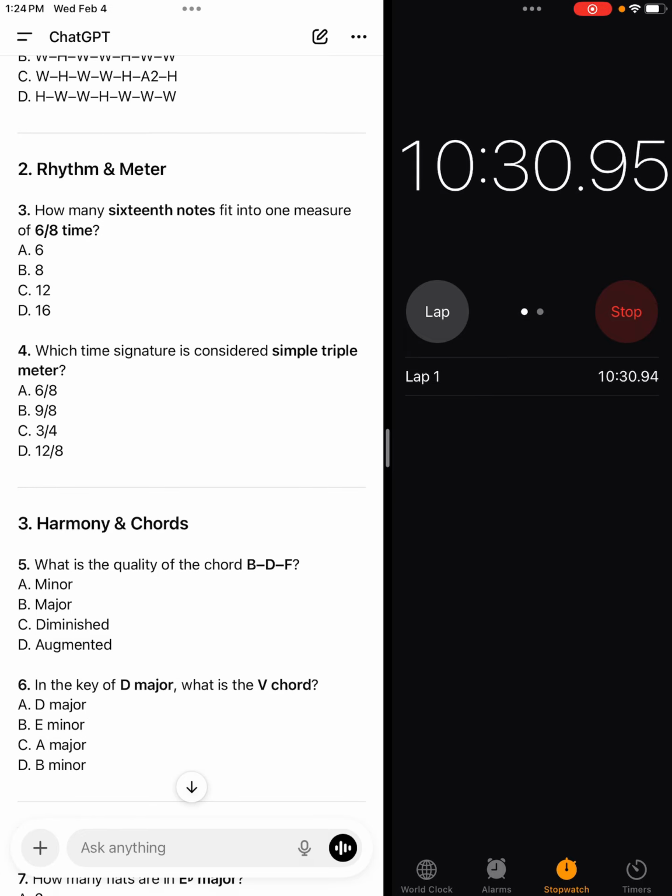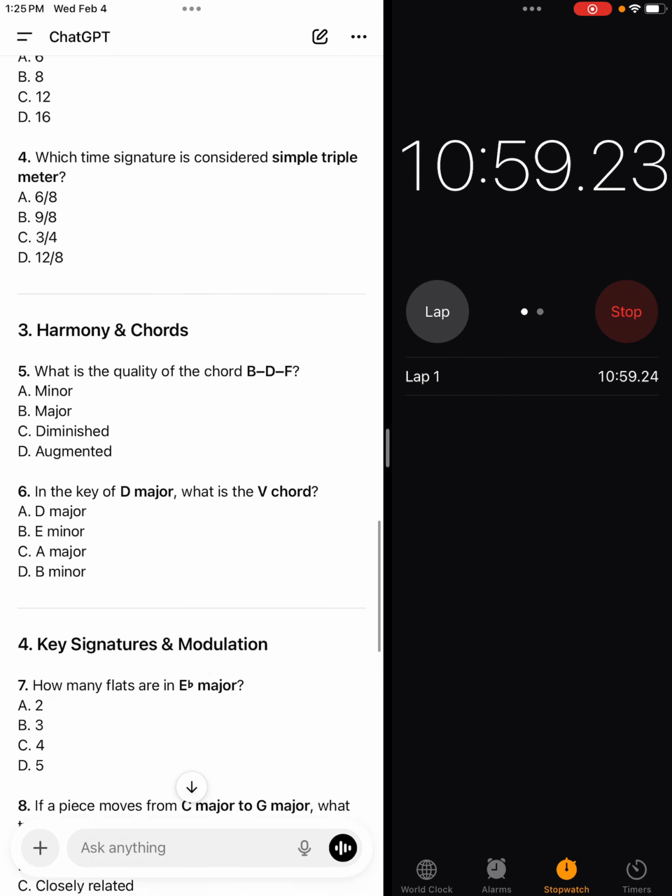What time signature is a simple triple meter? Simple triple, 3/4. Which quality is B-D-F? Diminished.